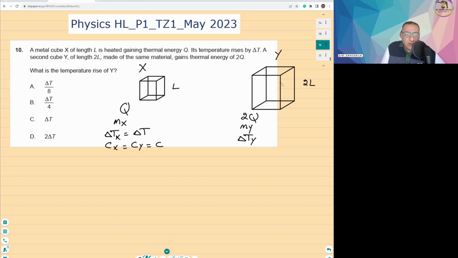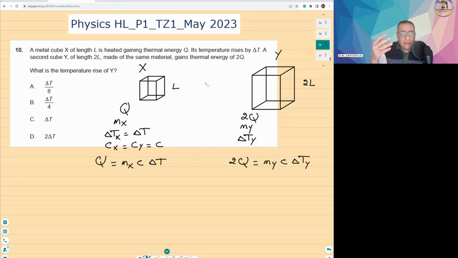Q, the quantity of heat given to cube X, is mc delta T, so we have m sub X times c times delta T. And the heat given to cube Y is 2Q, which equals m sub Y times c times delta T Y. Now we need to find the relationship between the mass of cube X and the mass of cube Y, and we've got the edge length of each cube.